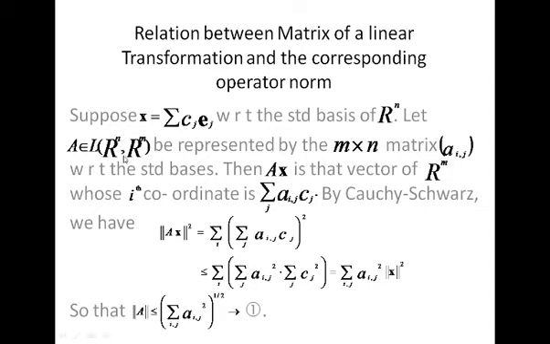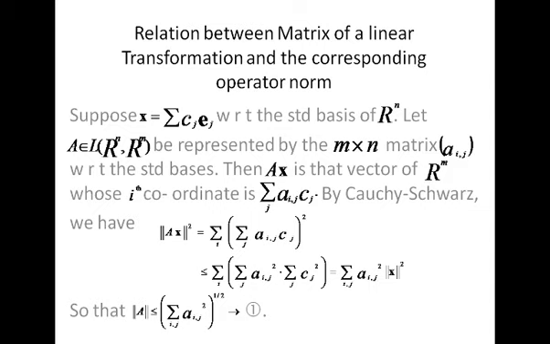It is a vector in Rm, for x in Rn. So what are the coordinates? The ith coordinate of the vector Ax is sigma over j Aij Cj. So here j running from 1 to n, and for all i equal to 1 to m. This much we know.